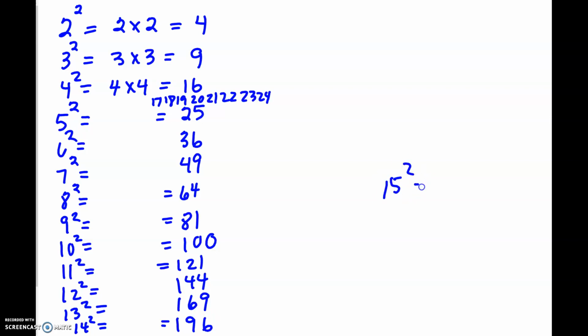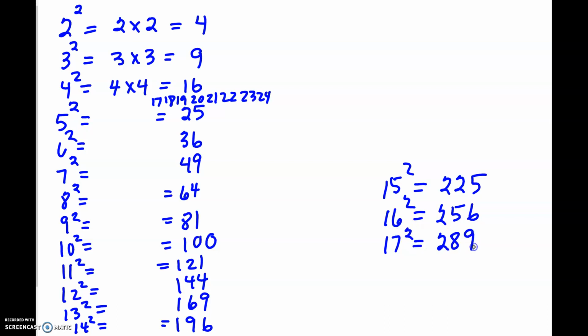15 squared is 225. 16 squared is 256. 17 squared is 289.